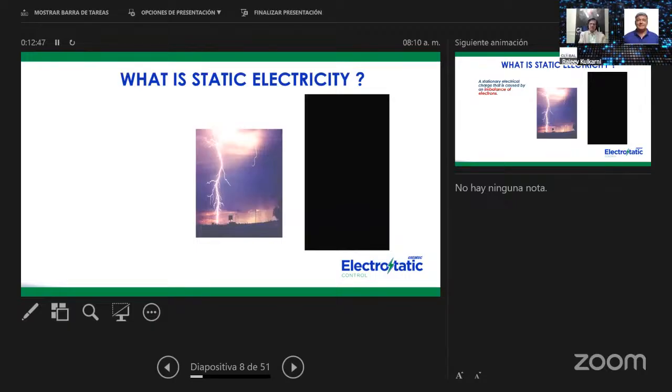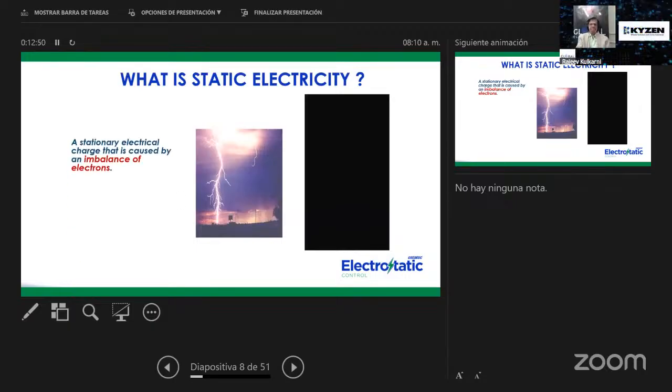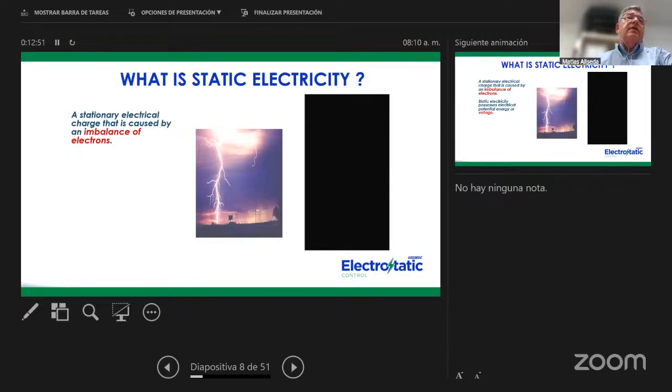So what is static electricity? Static electricity is a charge waiting to do something. If that charge does something, that's an event. Lightning is one of the ESD events that everybody knows. I hope no one ever gets struck by lightning, but we are talking about 2 million volts involved in a lightning strike.